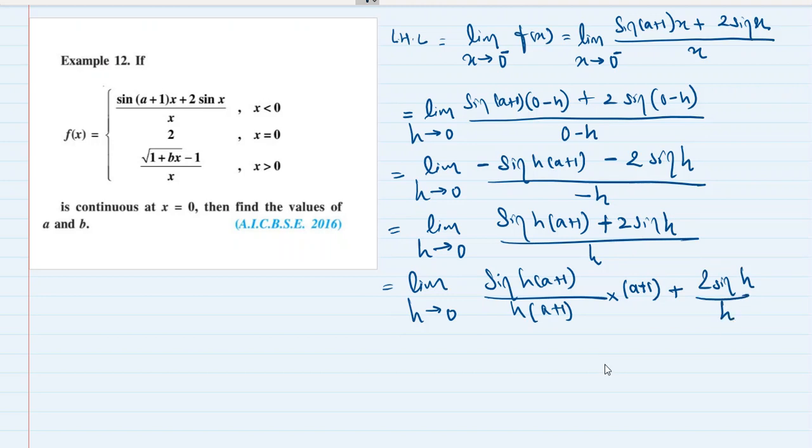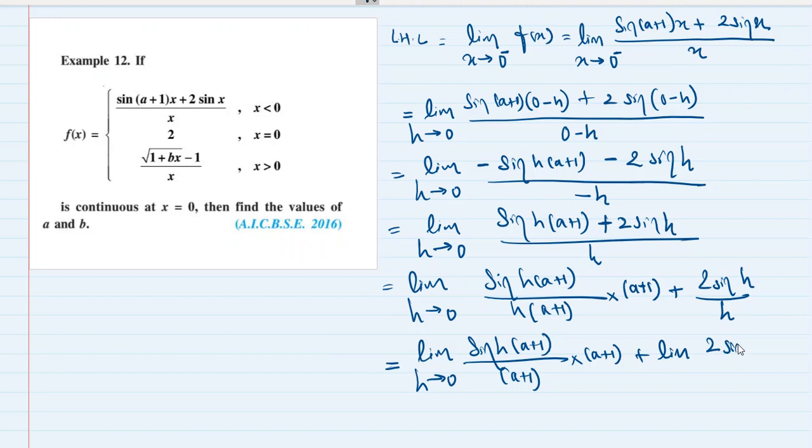Now what will happen over here? We are going to simplify the limits. First, I'm going to split the limit h tends to 0 of sine of h(a plus 1) the whole upon (a plus 1) multiplied by (a plus 1), plus limit of 2 sine h the whole upon h when h tends to 0.